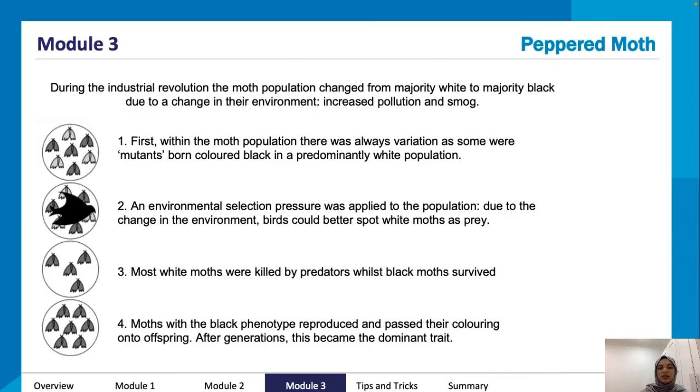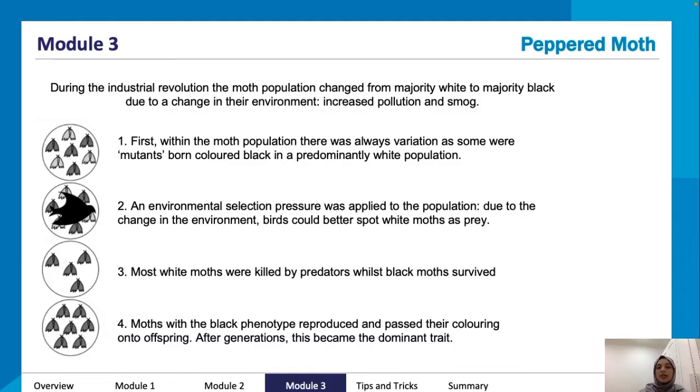Environmental selection pressure was applied to the population due to the change in environment because of the pollution. So birds could better spot white moths as prey and eat them than the black ones, which were camouflaged. Most white moths were killed by predators, whilst the black moths actually survived because they were able to camouflage.